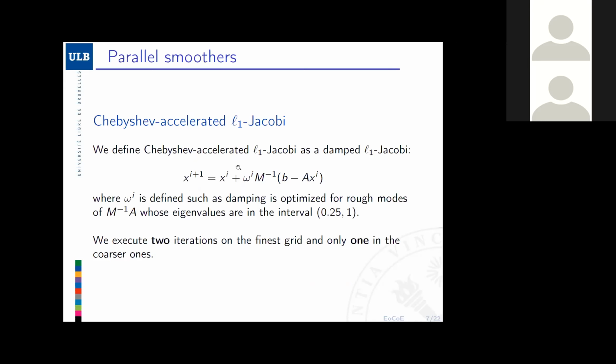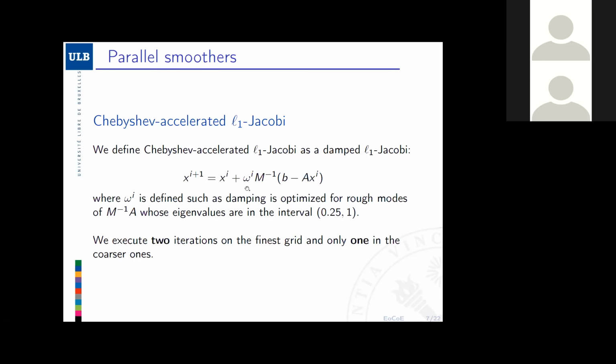However, we use here a relaxation factor, omega, defined such that the damping is optimized for the rough modes of the system, whose eigenvalues are in the interval 0.25 to 1. Why is that? Because L1 Jacobi is convergent, we know that the eigenvalues are smaller than 1.